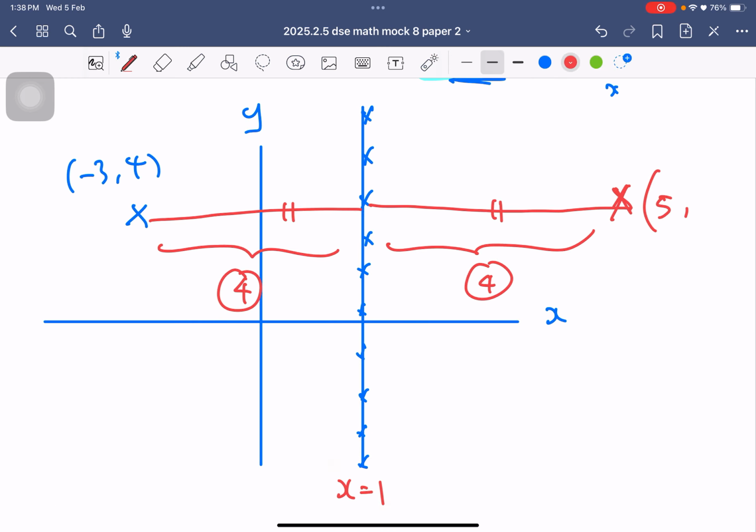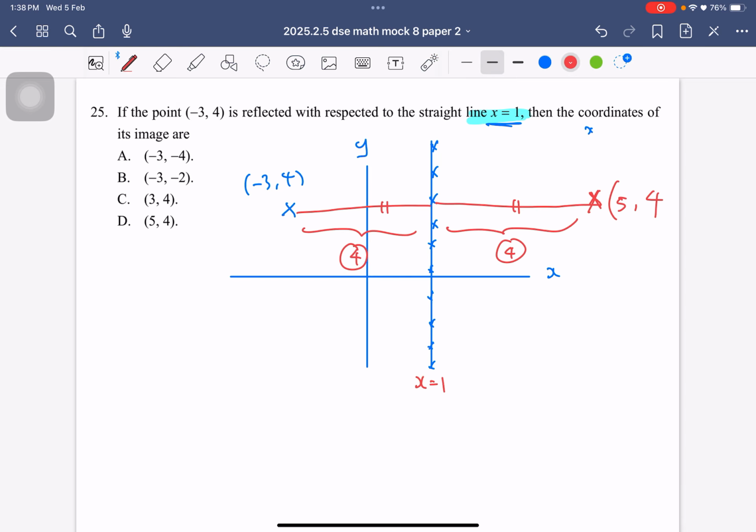And what is the y coordinate? It's still 4 because it's on a horizontal line. So the coordinates are going to be 5, 4. Those are really easy questions. Okay?